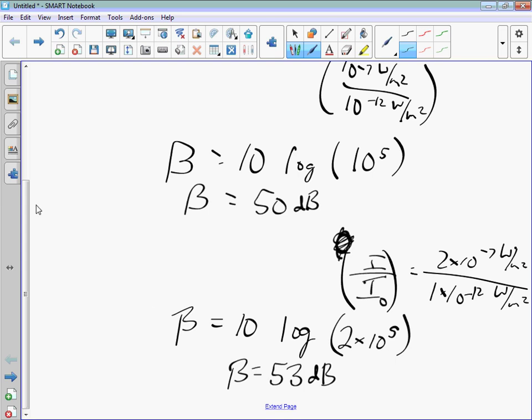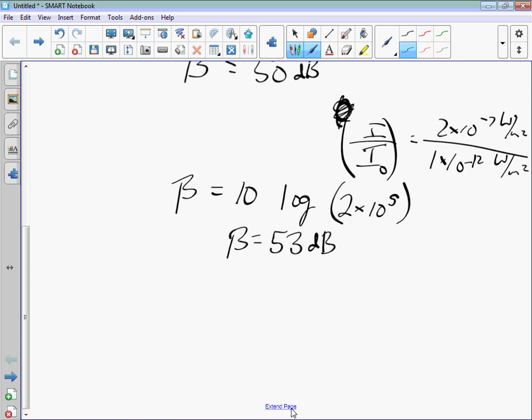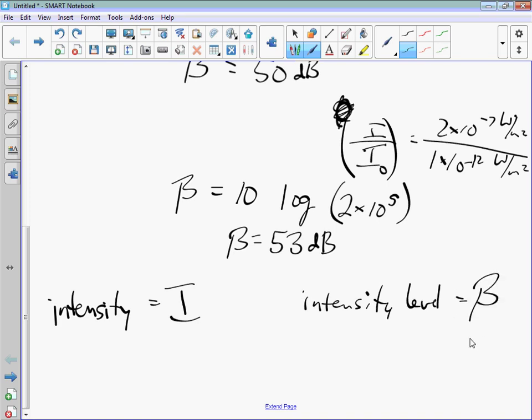One thing that is easy to get confused on that I do want to mention is that if we're just talking about intensity, it's I. But intensity level is what we are dealing with in decibels.